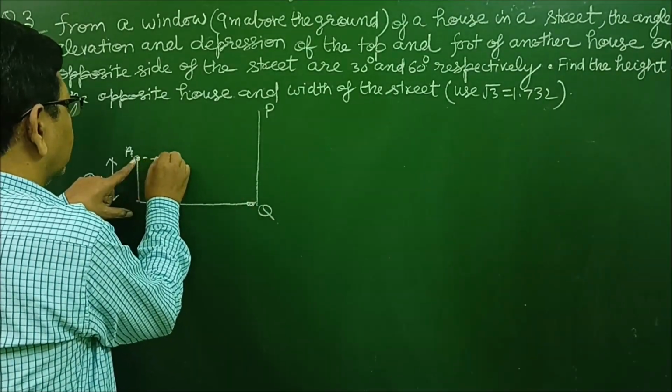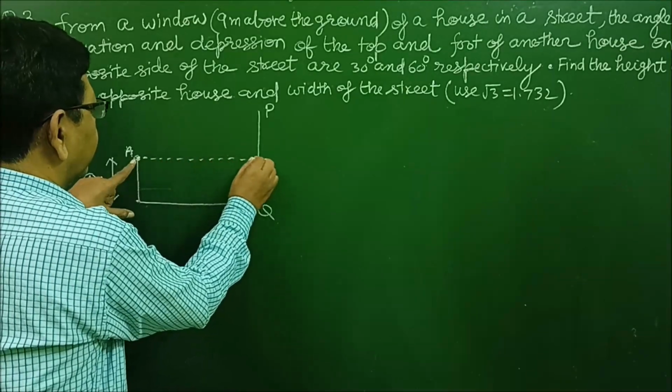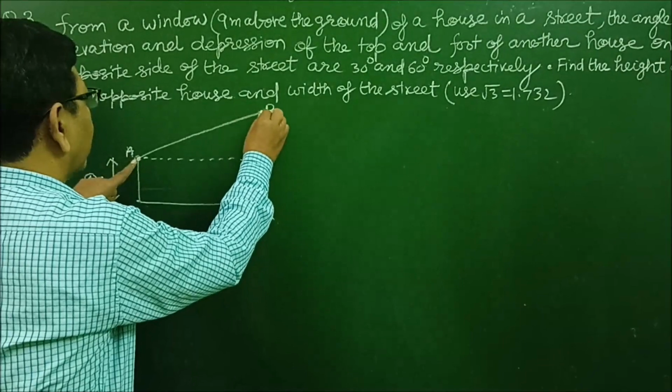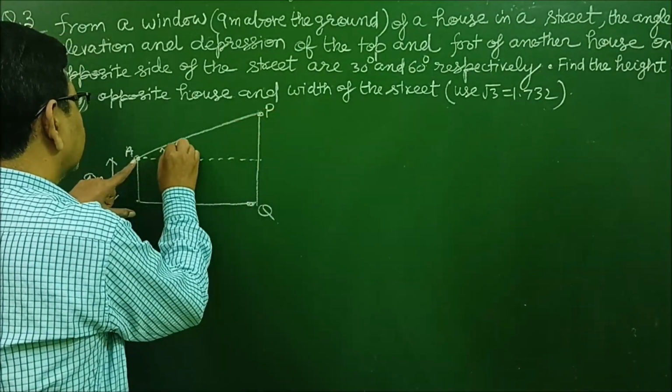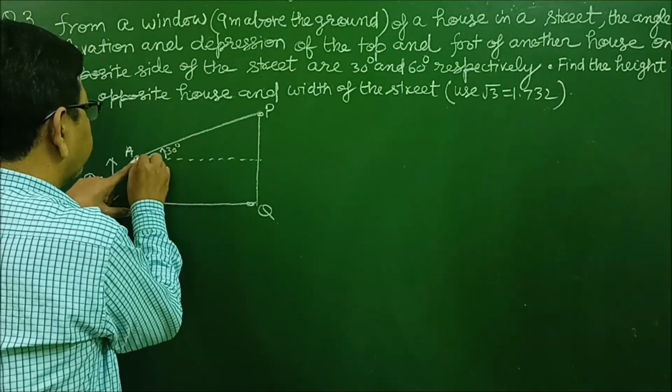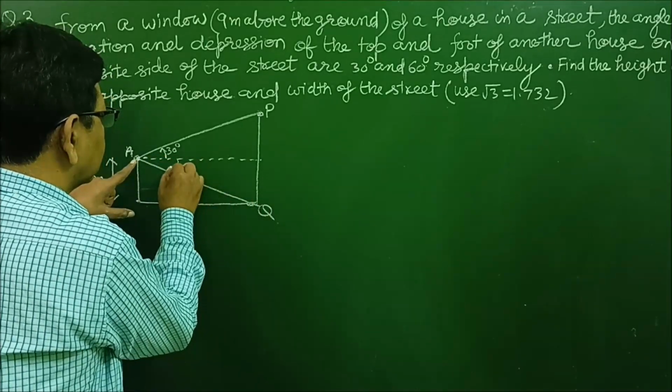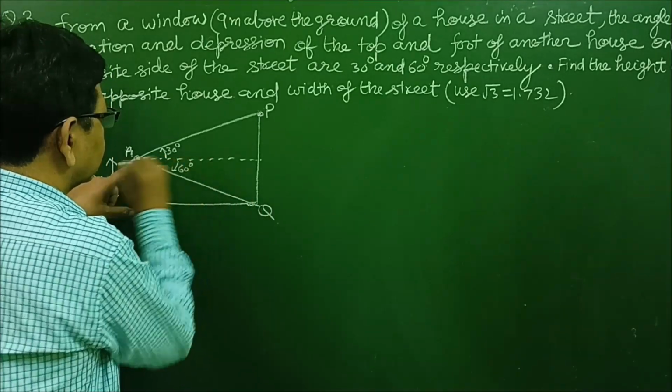So let us first draw a horizontal line. Here you will draw a horizontal line. The angle of elevation of the top is 30 degree, and the angle of depression of the bottom is given to be 60 degree.